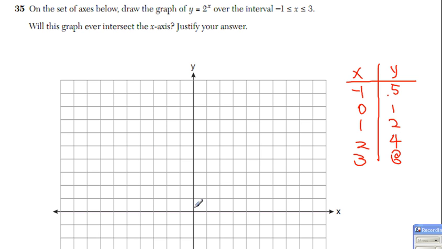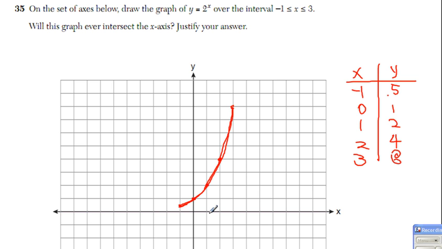So when you plot these values, -1, 0.5, then 0, 1, then 1, 2, then 2, 4, and then 3, 8. So as you can see, the curve goes up like this. Something like that. That's basically what we are looking for.